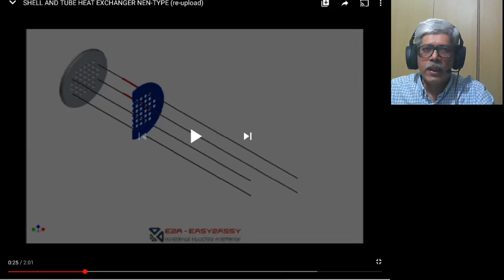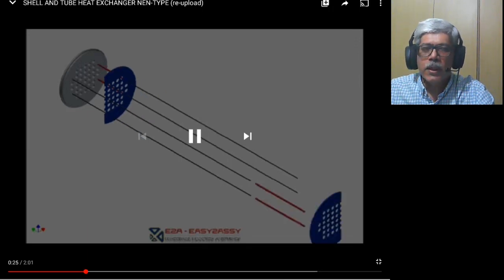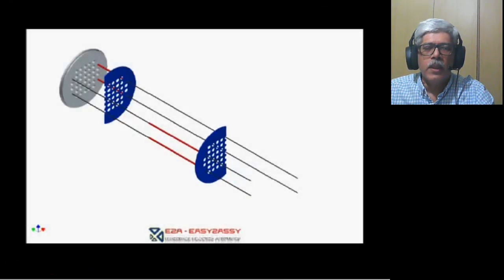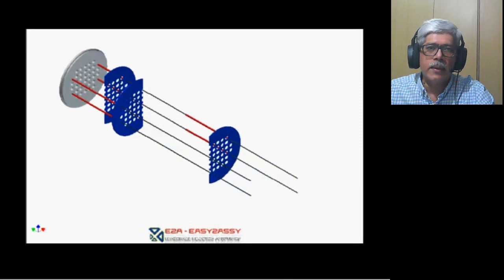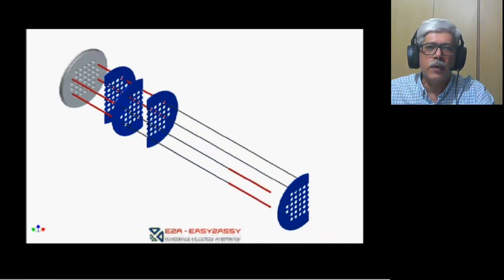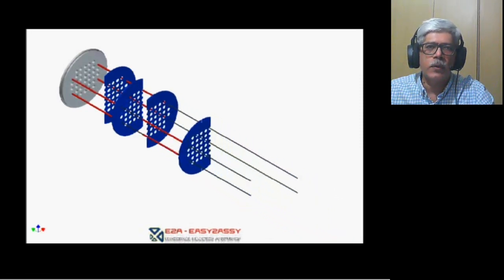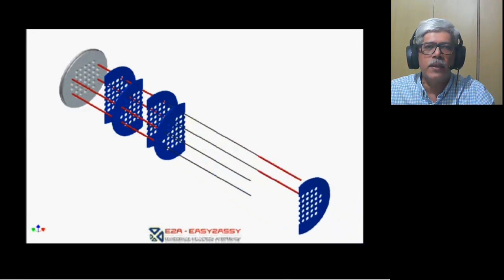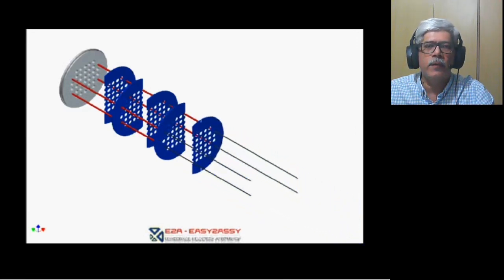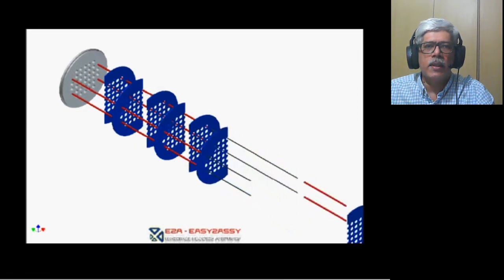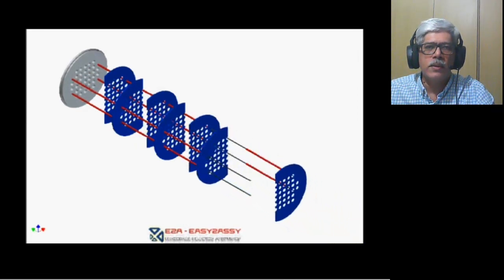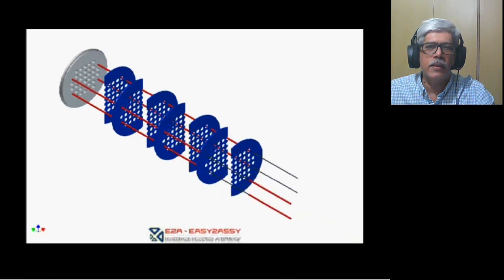Once the tube sheet and tie rods are assembled, you start inserting the baffles. In order to separate the baffles from each other, the red lines that you see here are known as spacer tubes. They maintain the distance between the adjacent baffles. These spacer tubes are inserted over the tie rods, and the baffles are inserted so that their spacing is properly maintained.